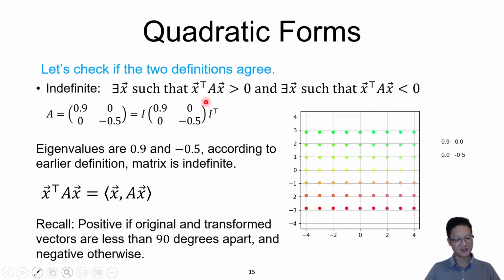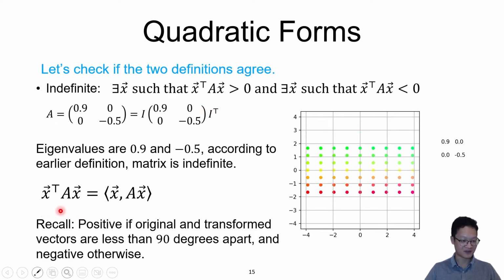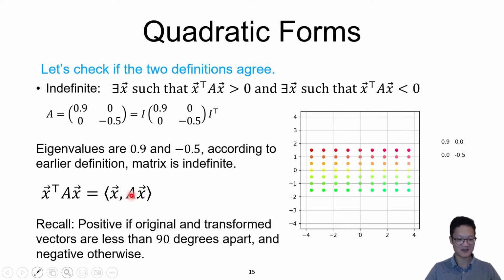Okay, what about the new definition? For the new definition, we have to look at this quadratic form, x transpose A x. And as I just mentioned on the last slide, this is actually an inner product between x and Ax, right? Ax is just a vector of the same dimension as x.